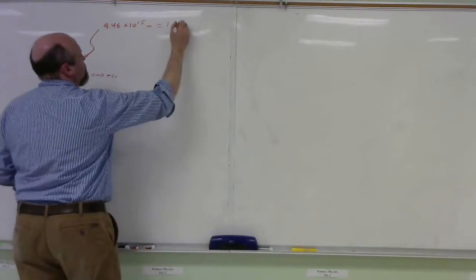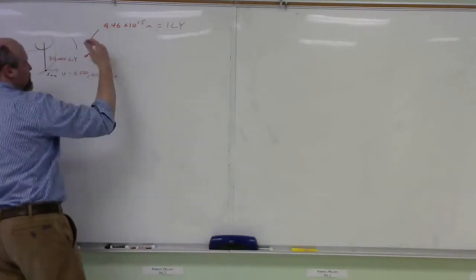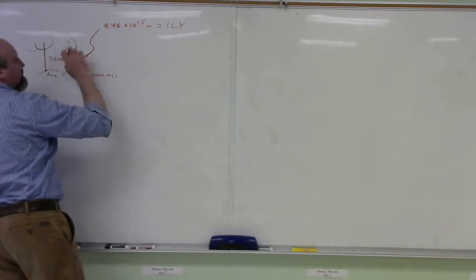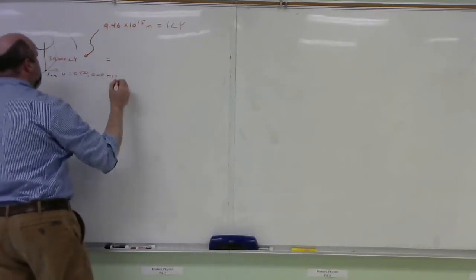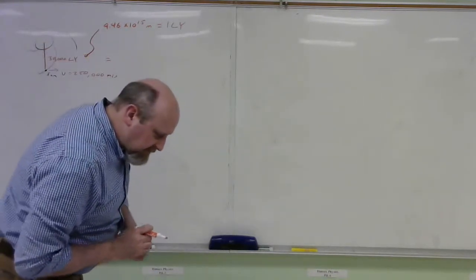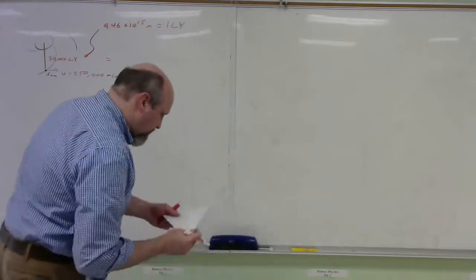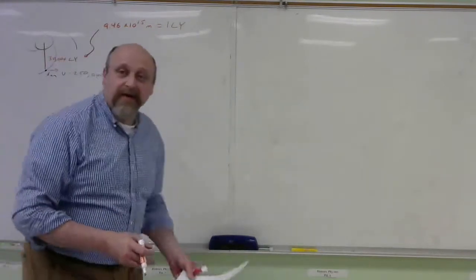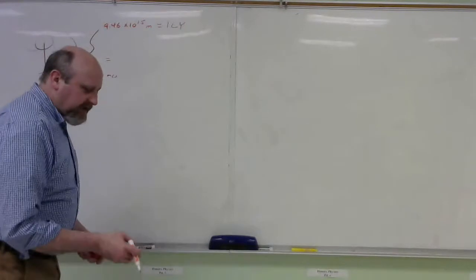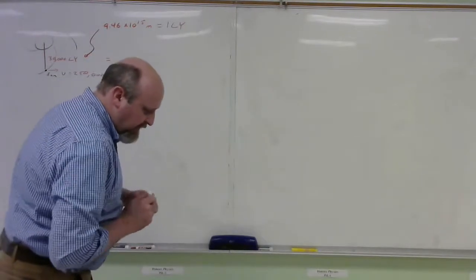I multiplied this times the conversion factor, and that distance, the 30,000 light years, came out to be something big. Sorry, I didn't even bother calculating it out. I just put it into the calculation.